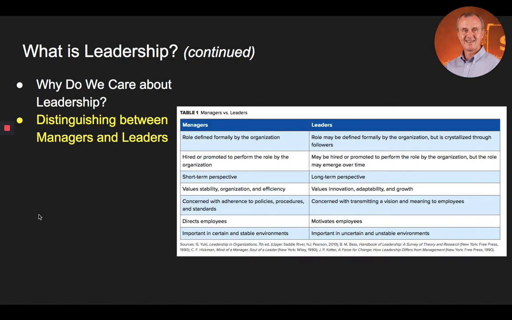So in summary, in talking about what is leadership, leadership is the use of power or influence to engage followers in the full range of activities that serve to accomplish the leader's vision and goals for the work unit. Leaders play important roles in organizations and have strong influences on their followers. There are distinct differences between managers and leaders.